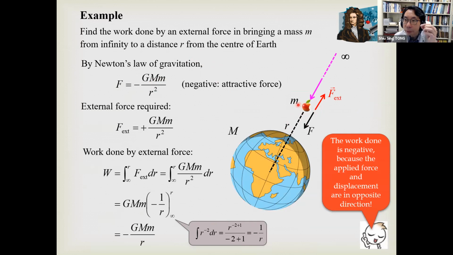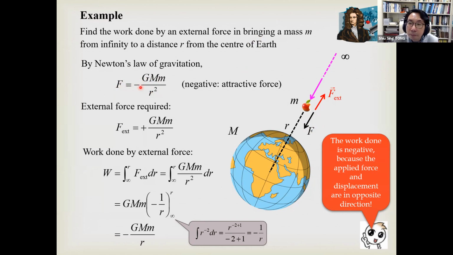If I release the apple, then it will fall under Earth's gravity, right? Because Earth's gravity, the black arrow, is pulling the apple inwards. So this is the force of gravity, and it is given by minus GMm over r squared, because we take the outward direction as positive, so the inward force carries a negative sign.